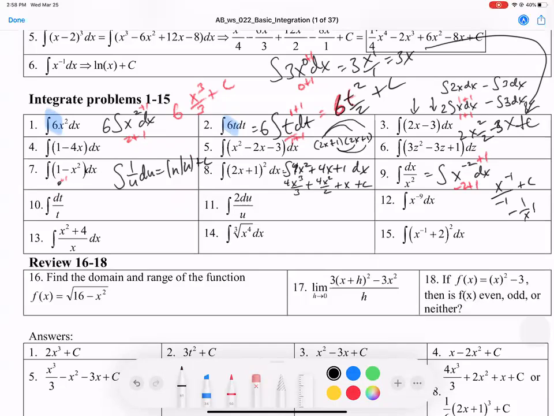So you just stick it in a natural log. This identity is natural log absolute value of t plus c. And this is from the derivative. The derivative of natural log of t is 1 over t.